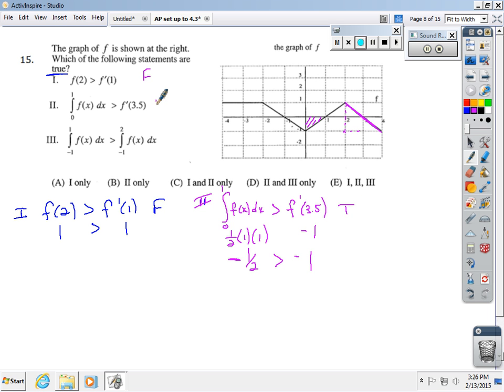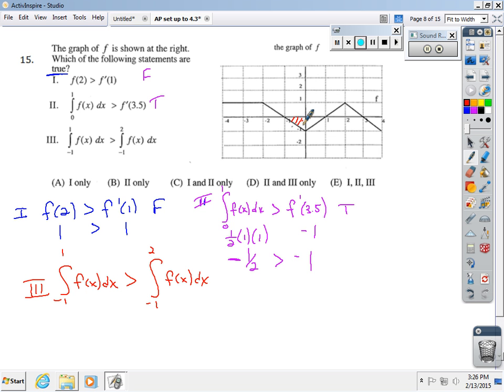So we got a false and a true. And then last but not least, the third one, let's see if I can squeeze that down here. The integral from -1 to 1 of f of x dx, is that greater than the integral from -1 to 2 of f of x dx? All right, so let's go back over here. Integral from -1 to 1.